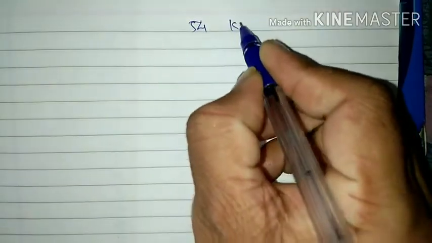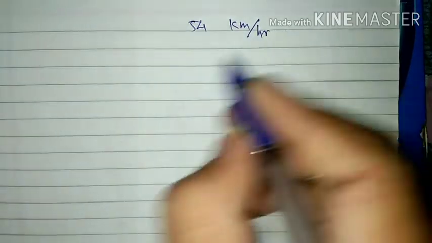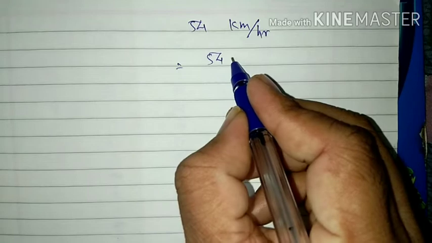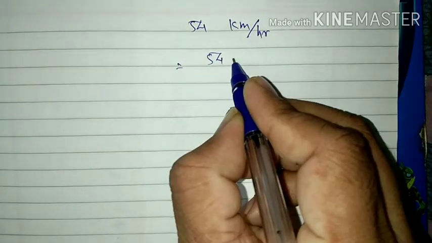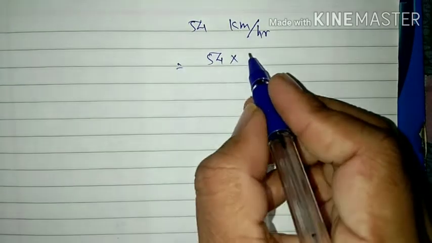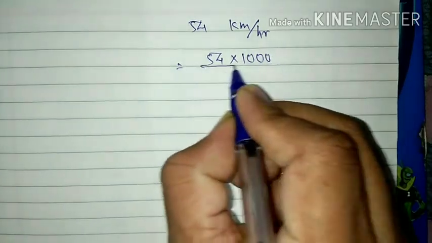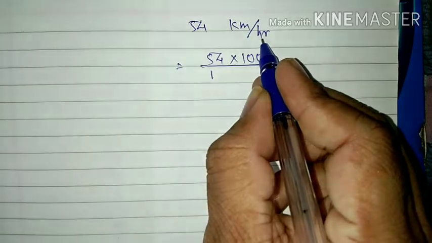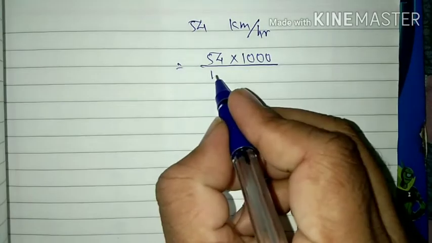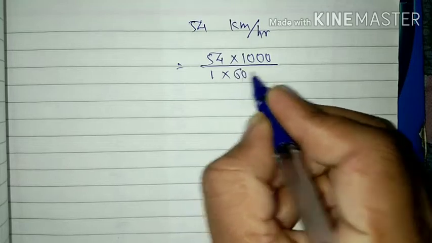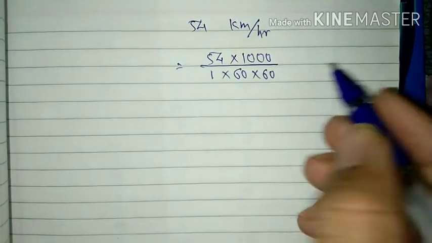54 kilometer per hour. So 54 can be converted into meter. Kilometer can be converted into meter by multiplying by 1000, and 1 hour is there per hour, na? So 1 hour can be converted into second, multiply by 60, multiply by 60.